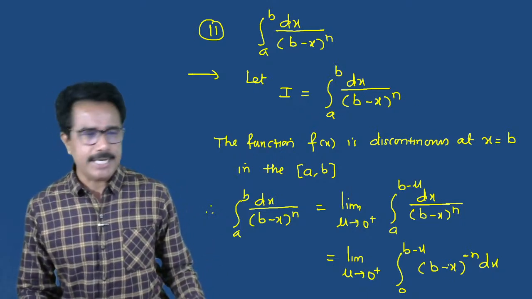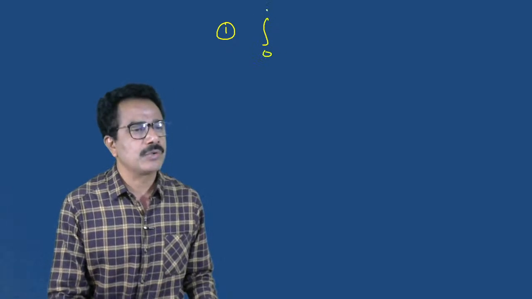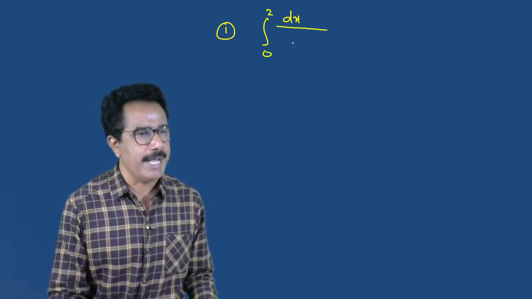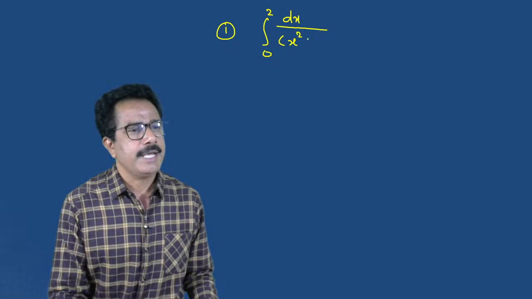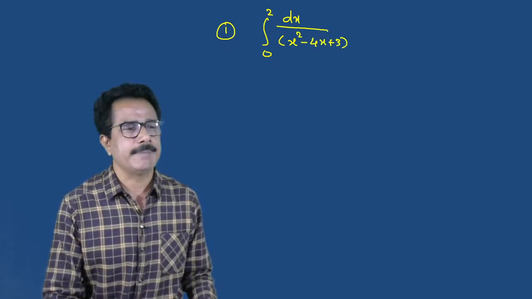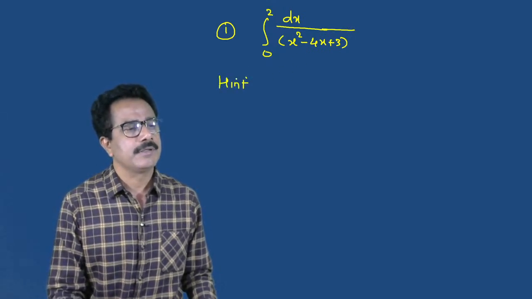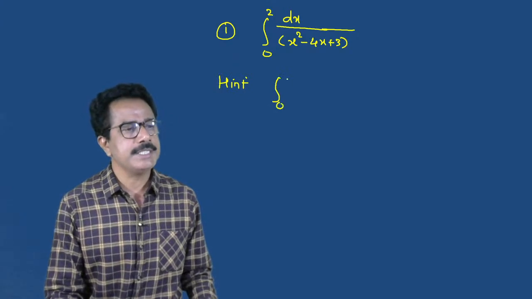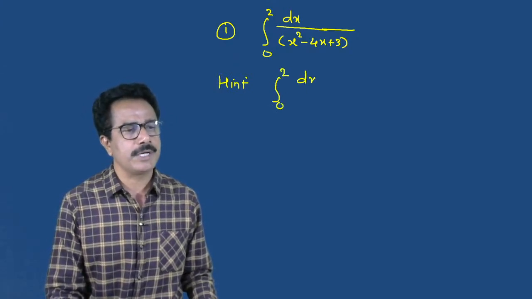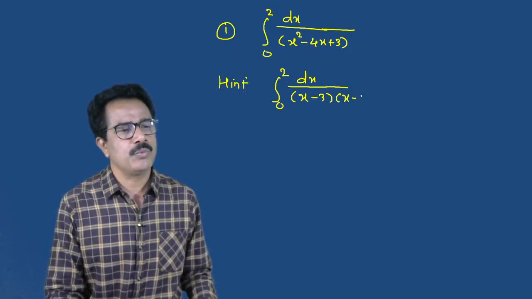Can you tell me integral from 0 to 2 dx divided by x square minus 4x plus 3? Now I will tell you the hint. We can write this integral from 0 to 2 dx divided by (x minus 3)(x minus 1).